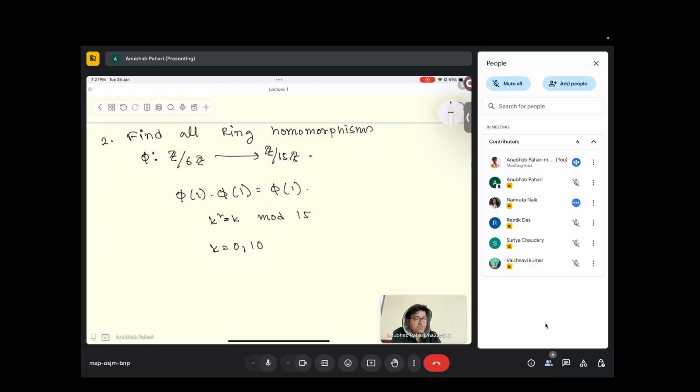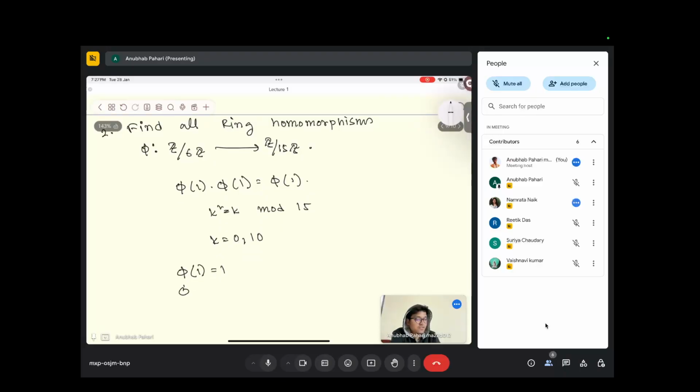Okay, suppose your 1 goes to 1, then what you see is that phi of 6 should be 0, but it is 6, and 6 is not 0, right?